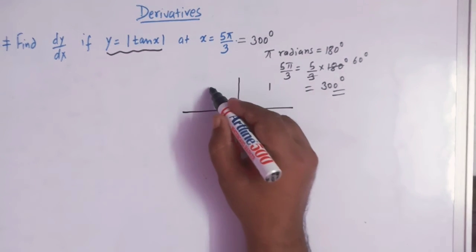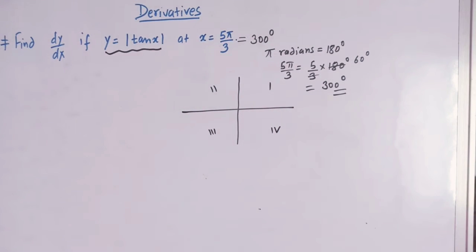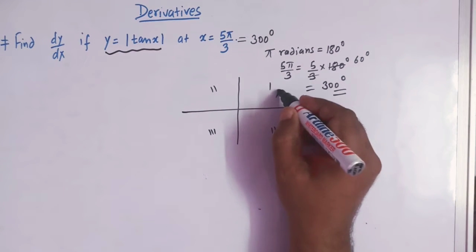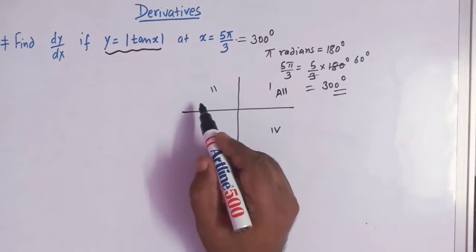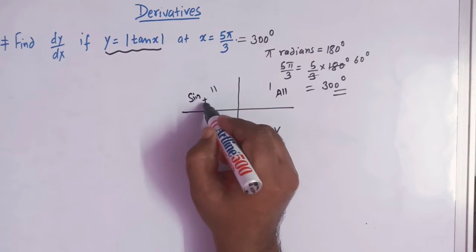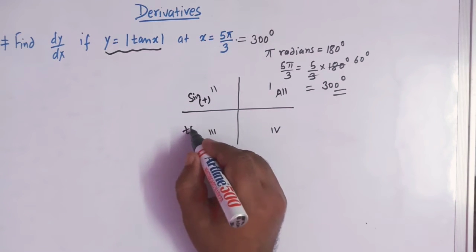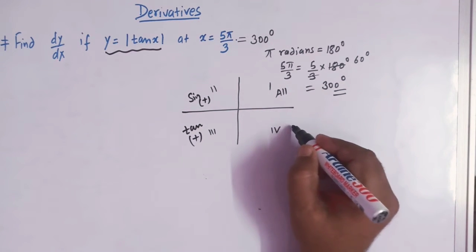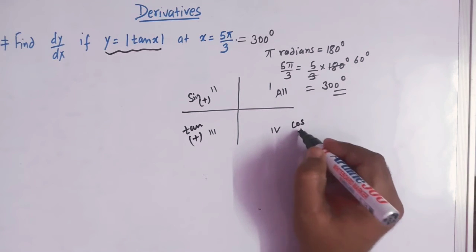is the first quadrant, this is the second, this is the third, and this is the fourth quadrant. We know that in the first quadrant all trigonometric functions are positive, in the second quadrant only the sine function is positive, in the third quadrant only the tangent function is positive, and in the fourth quadrant only the cosine function is positive.